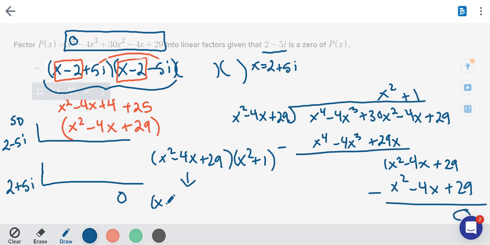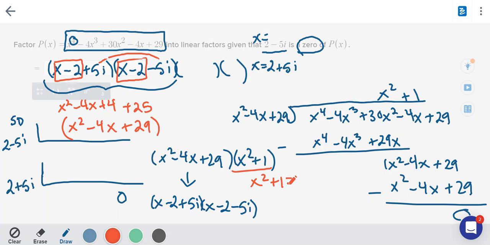Because this one breaks into this because I was given this information, which are also zeros, okay? So I can take this part here and I can solve for the zeros. And I can take those and turn them into the linear factor.